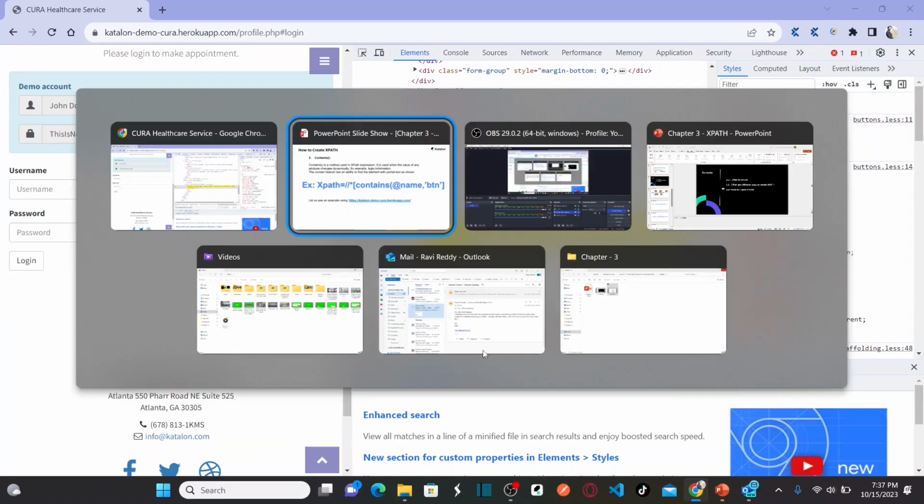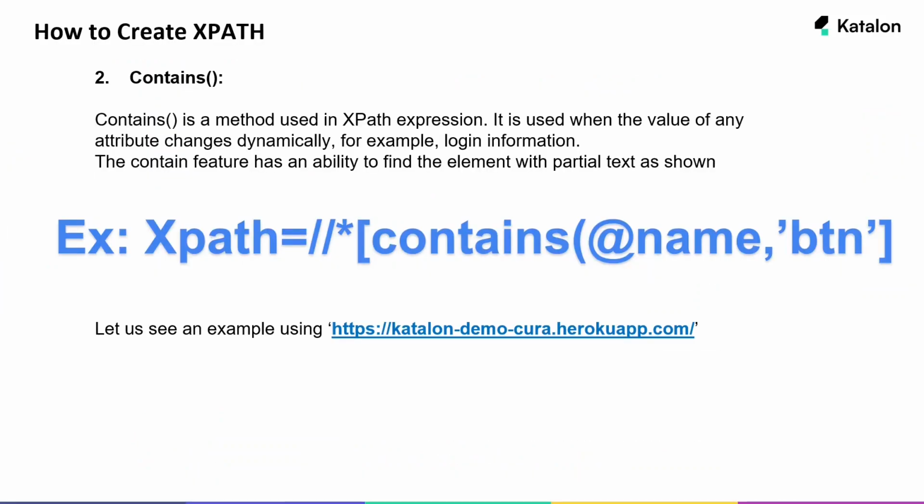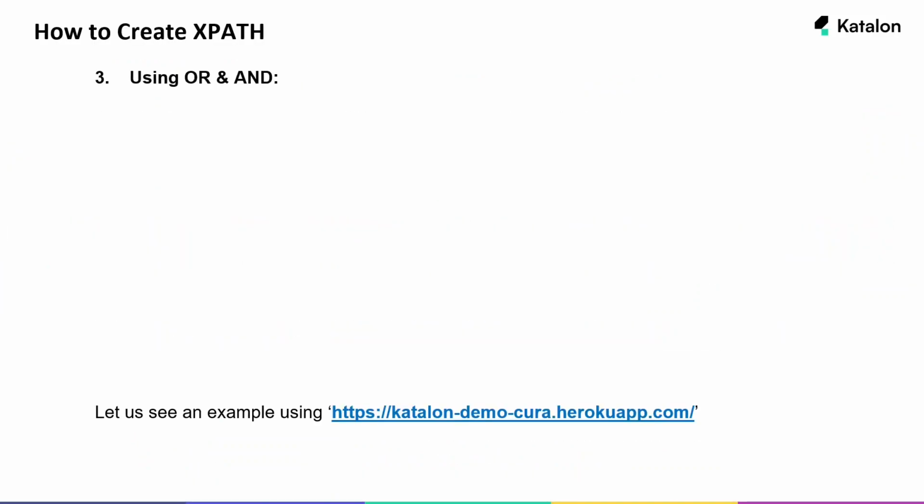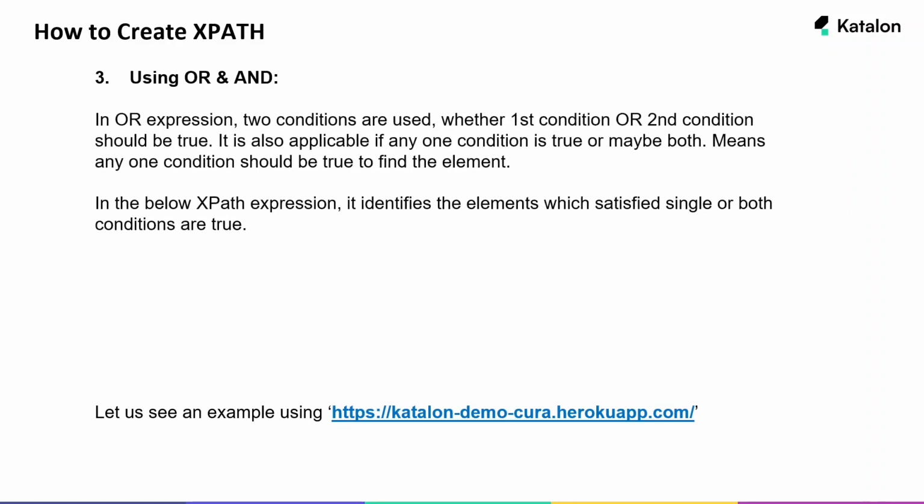Okay, now let's go back to our presentation. What is our next method? Our next method is using the or and and operators. So how can we create XPath by using or and and operators? In our expression, you'll be defining two conditions.